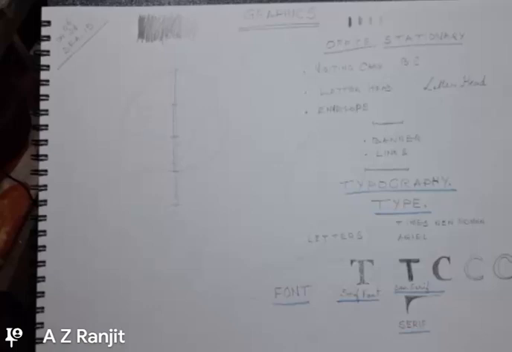There are people who got a PhD doing some research on typography. There are some people who have been given Nobel Prize for innovation in typography. So typography is such a vast subject. But we will talk about just the basics that we need to know.